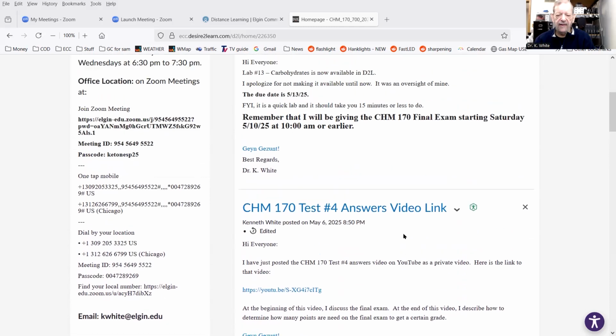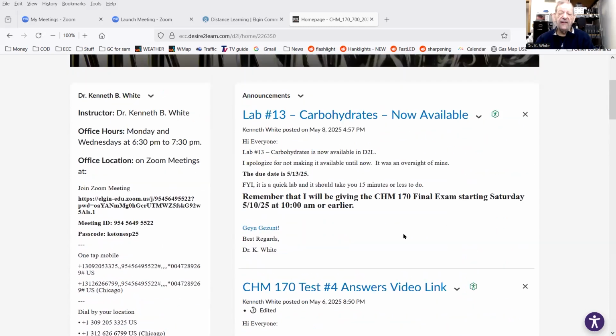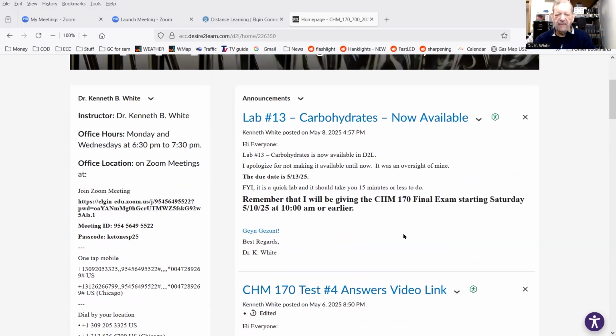Now, one thing I do have to admit, and I sent out an email, and here's an announcement. In D2L, there's a faculty view and a student view. And for different things in the assignment area, once they're posted, I also have to make it visible. Guess what?